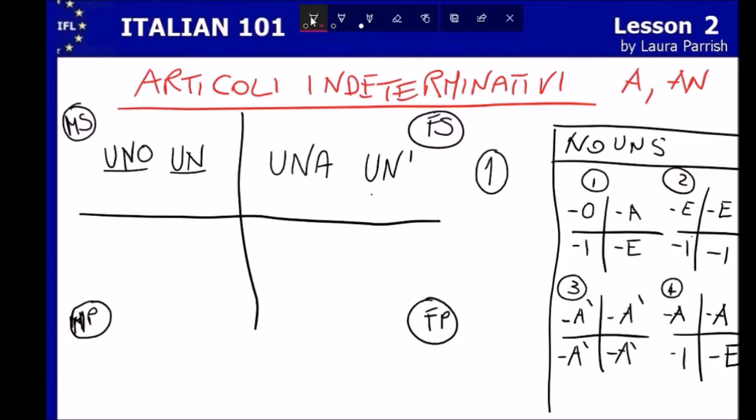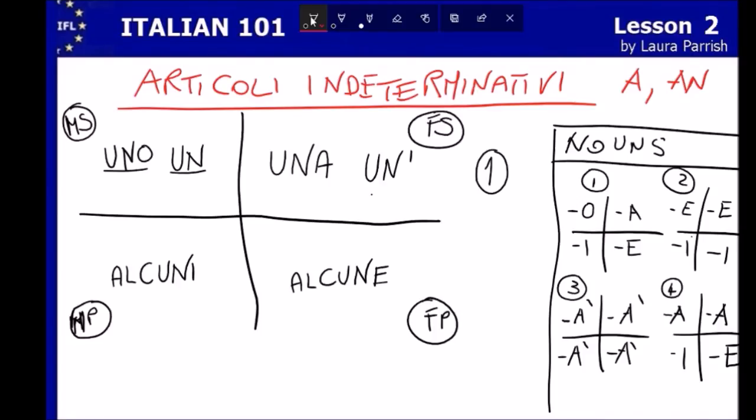But we can make the plural by translating it with the words some, few. Masculine plural will be alcuni, and feminine plural will be alcune. That's the way. Because formally the plural of the indeterminative article doesn't exist.